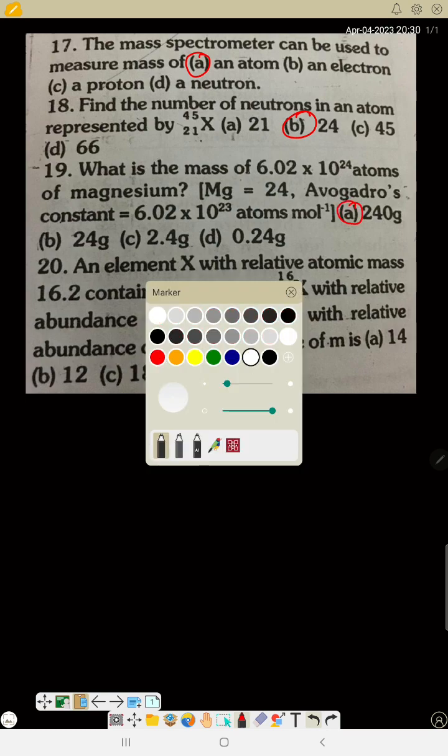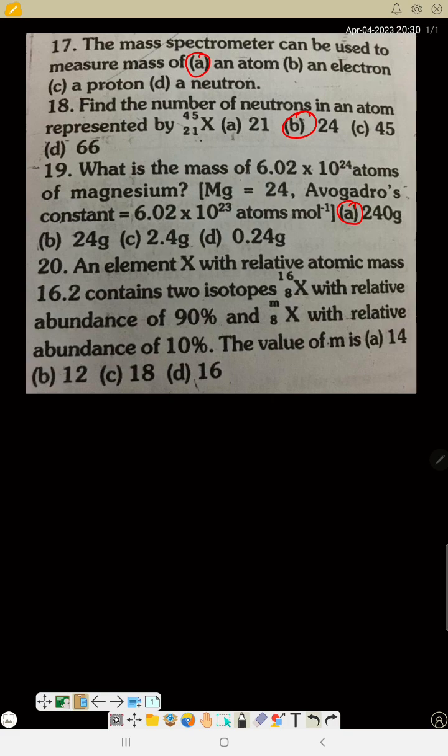So number 20. An element X with relative atomic mass 16.2 contains two isotopes, 16X with relative abundance of 90 and M with relative abundance of 10.